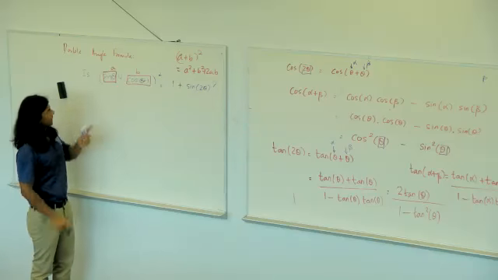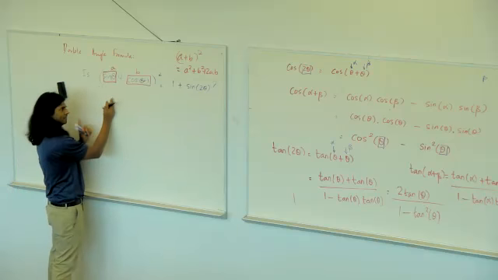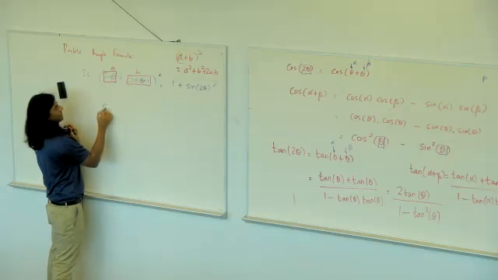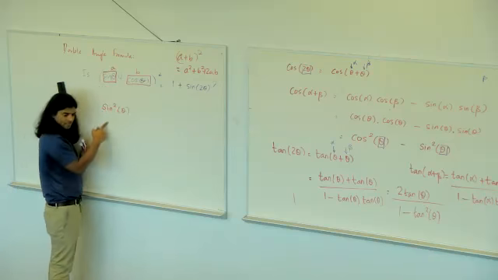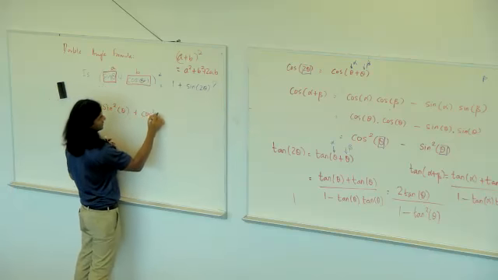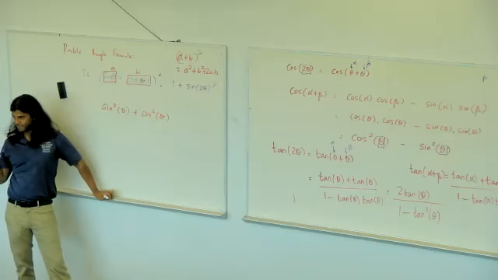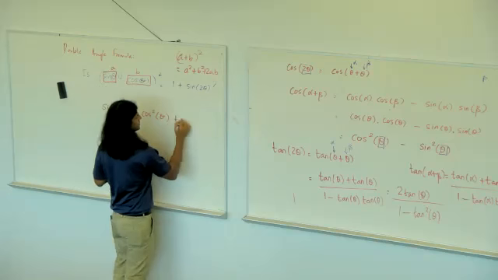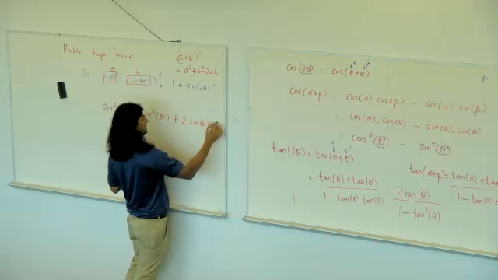So here, a is sine theta. I'll start this time because it's easier. A squared is sine squared theta. B squared is cosine squared theta. 2 times a times b is 2 sine theta cosine theta.